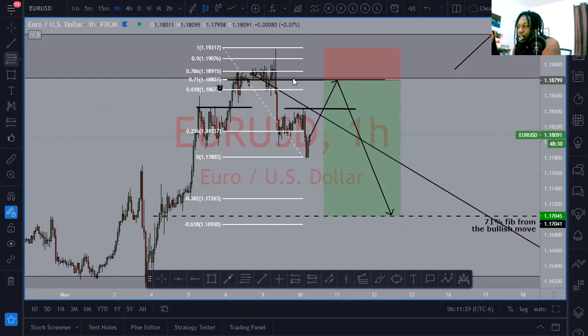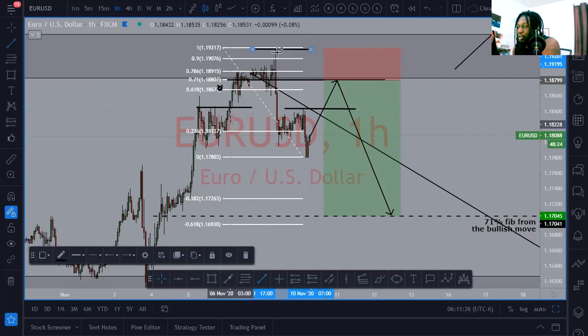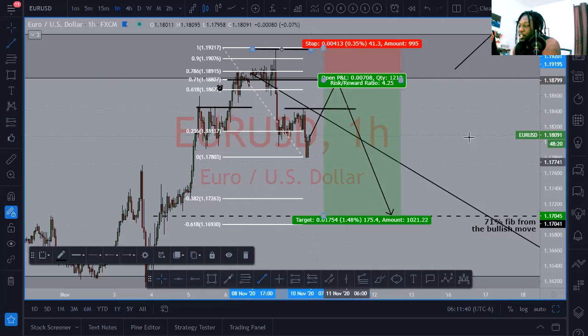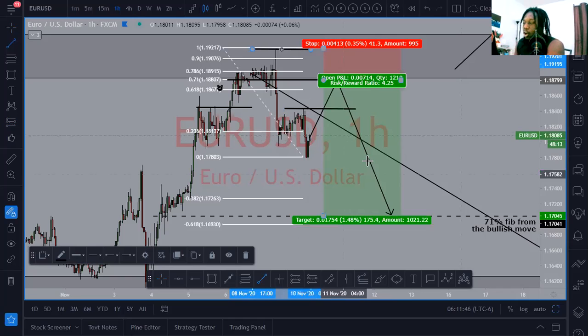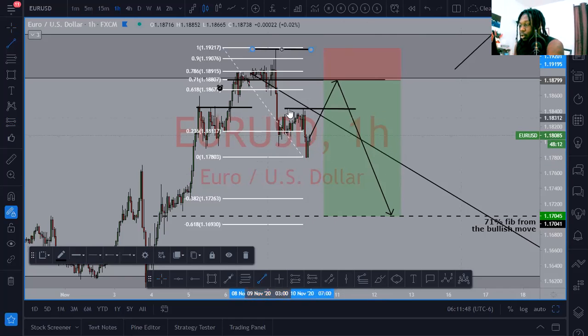So this could be a potential head and shoulders play where price just made the left shoulder, made the head, popped up, made the right shoulder, drop. That could be what's possibly happening. Which, if it is, then price would just probably drop from right here. And if it does, then oh well, I'll miss my trade, right?